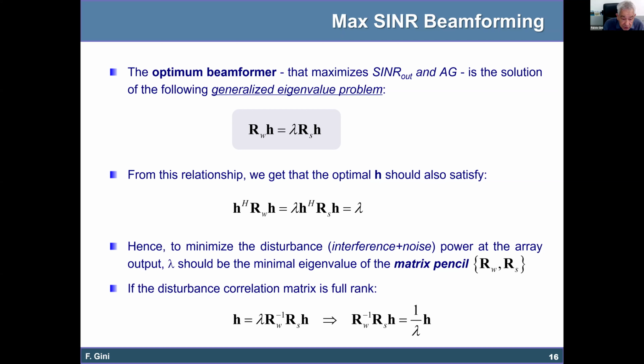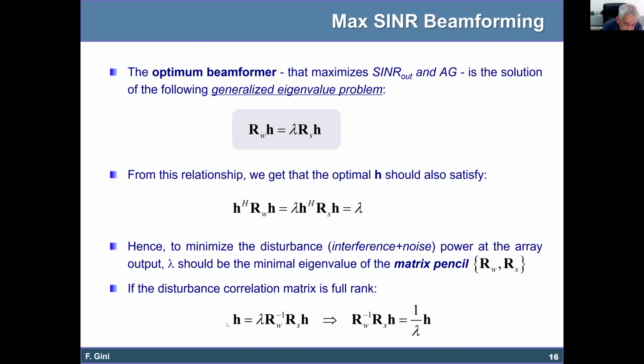If the disturbance correlation matrix is full rank, and typically it is, at least because of the presence of white thermal noise, again, if you look at this relationship, you can multiply on the left by the inverse of Rw, and so you get this problem.